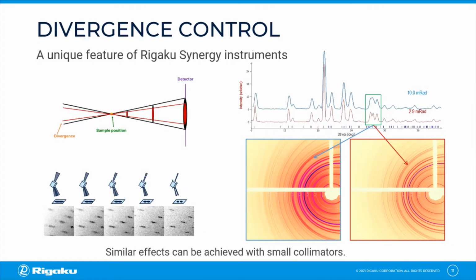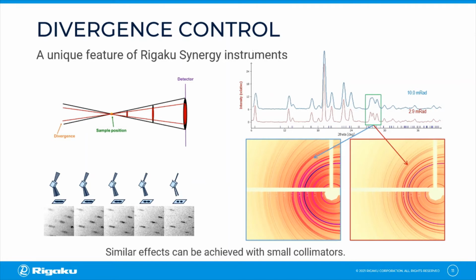The dynamic divergence control is a unique feature of Rigaku single crystal diffractometers and comes in very handy for the collection of powder data. Employing the divergence slit is just as beneficial for powder data collections as it can be for single crystal measurements. It will improve the resolution of your powder diffraction data, and here you can see the improved resolution achieved after employing the slits.